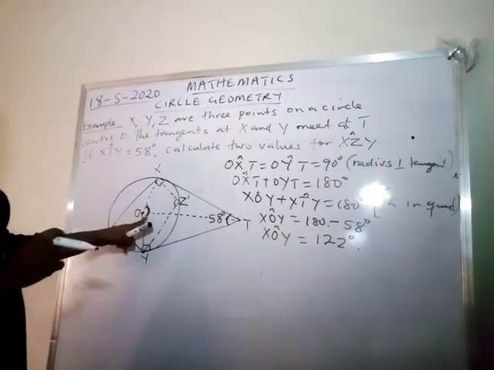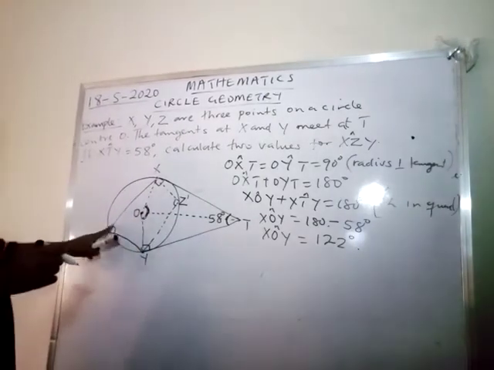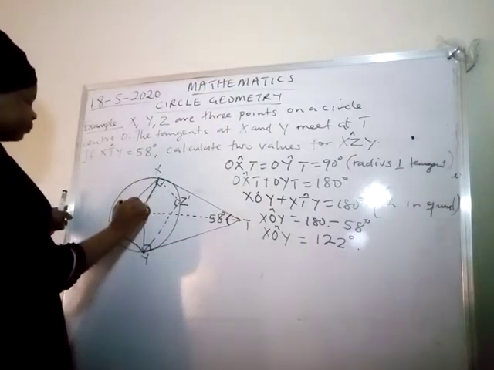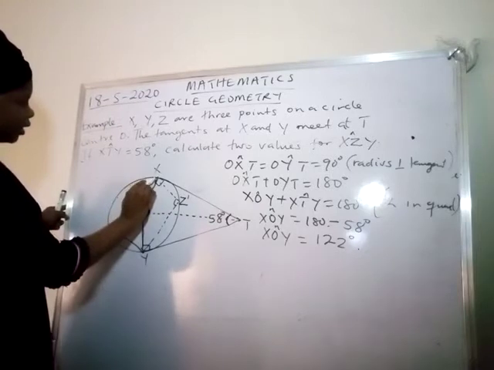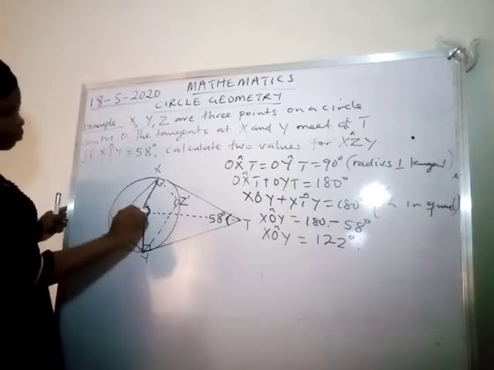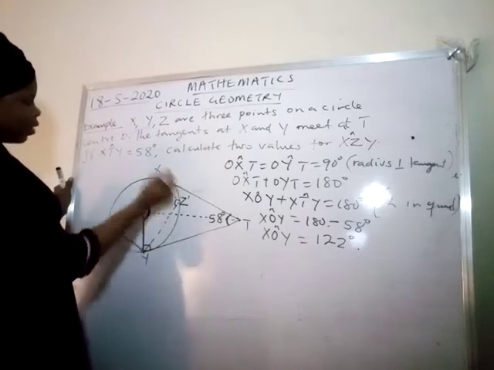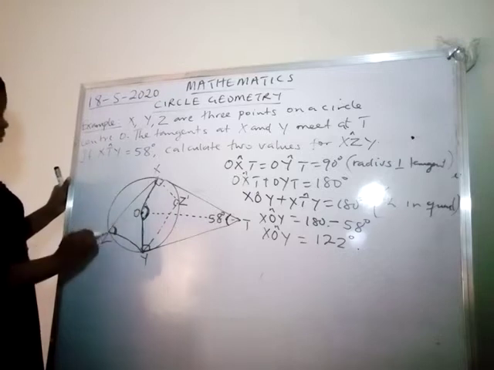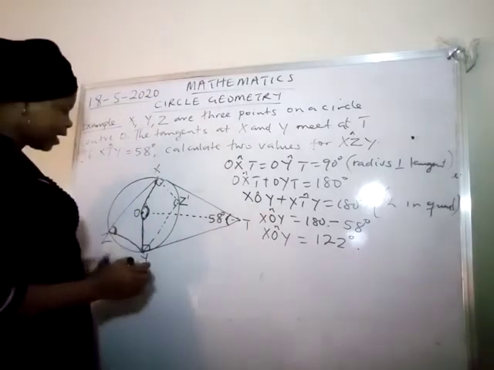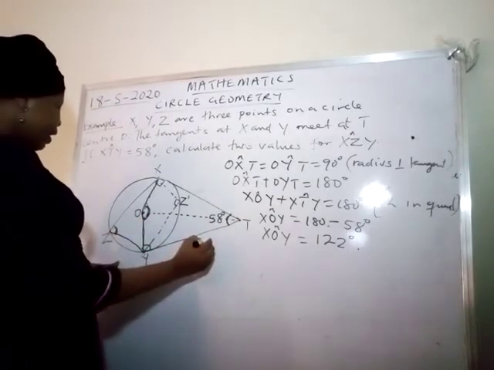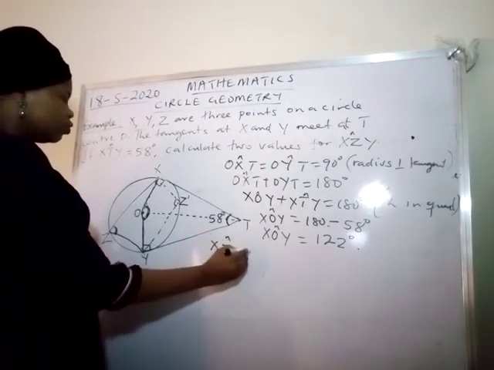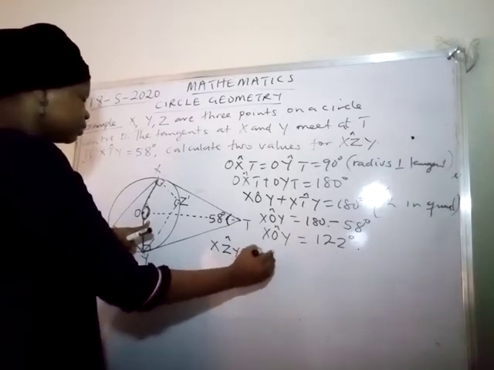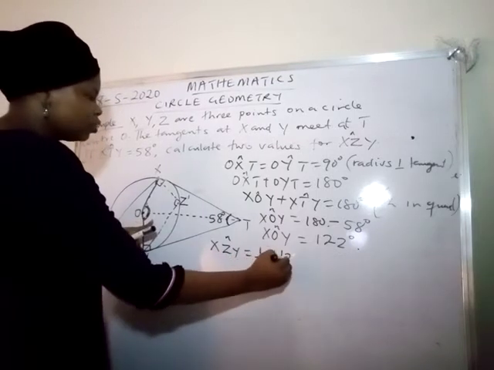So if this is 122 degrees, that means I can get the angle here. If you look at this diagram, by the time we turn it, this is an arc. Looking at this arc XY, this is the angle at the center for that arc. So the angle that is subtended at the circumference is this angle here, XZY. So I can have my XZY to be equal to 1/2 times the angle at the center, which is 122 degrees.